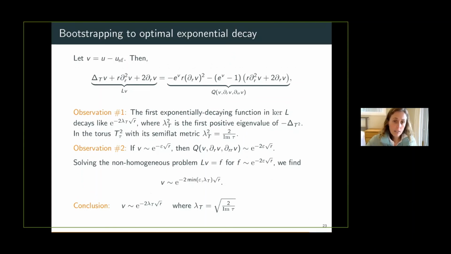And so this is just a typical bootstrapping argument. On the left hand side, you set up the linear side, and on the right hand side, you set up the quadratic side.